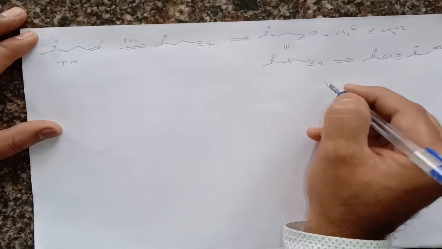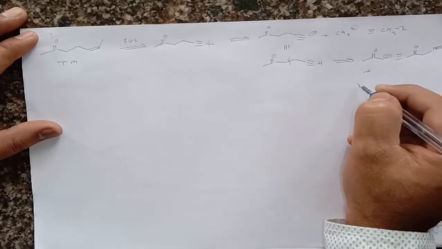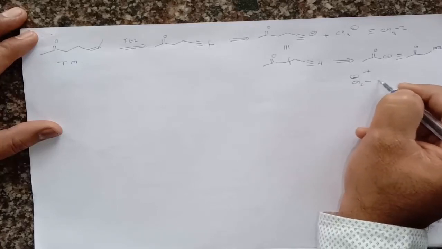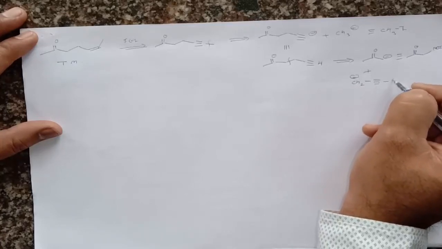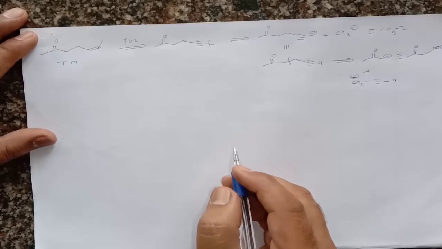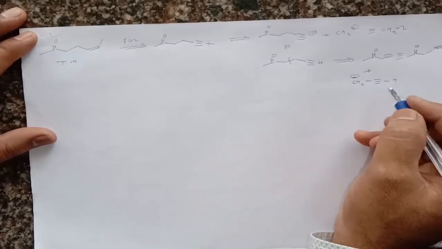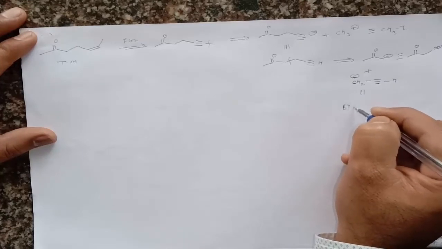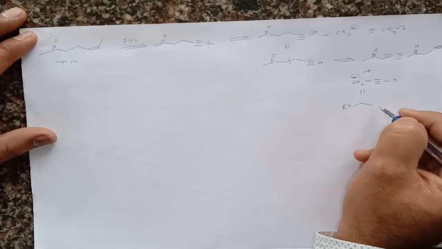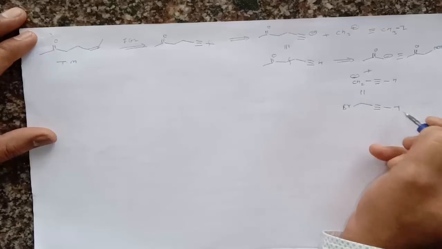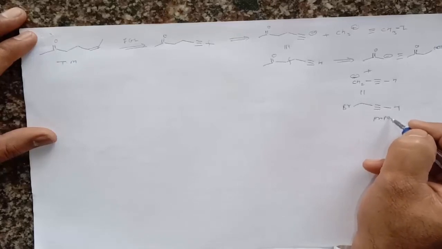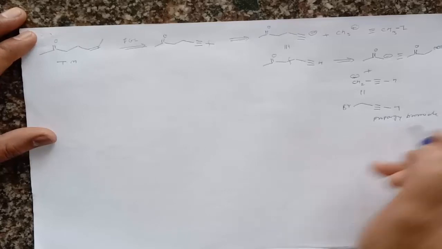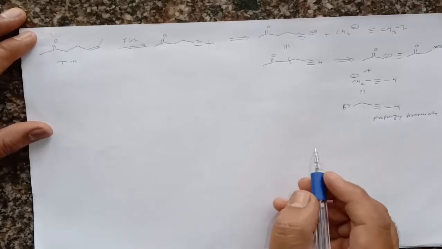And then along with it, it gives CH2 plus and C triple bond C and hydrogen here. Right? So the synthetic equivalent for this molecule we can take as Br CH2, then C triple bond CH. It is called propargyl bromide, and this propargyl bromide is easily available.